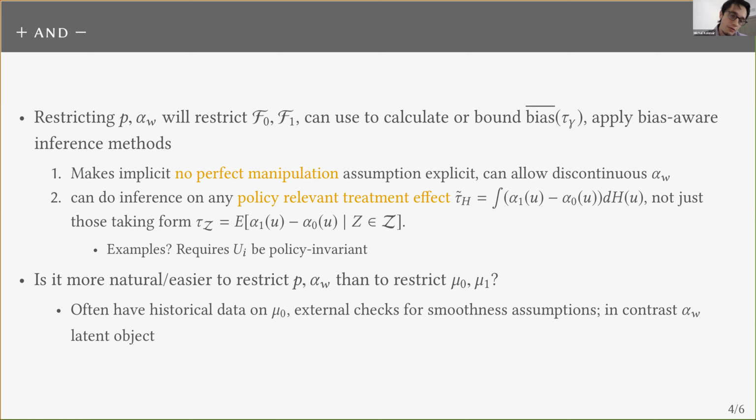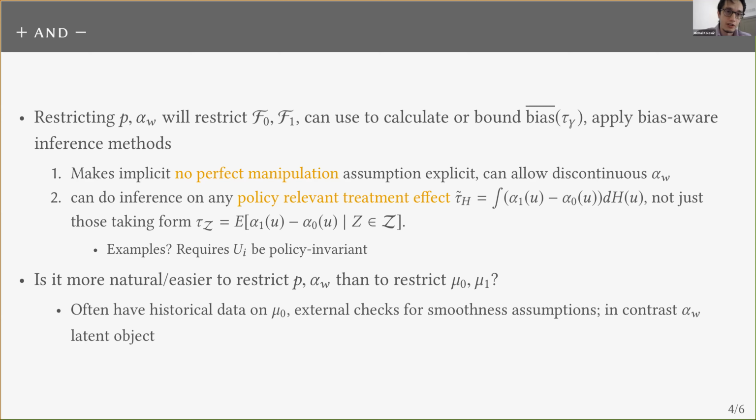And so one thing that wasn't exactly clear to me, and that it would be nice to see, is whether there are other types of policy relevant treatment effects that do not take this form tau subscript Z, where their approach could take advantage.